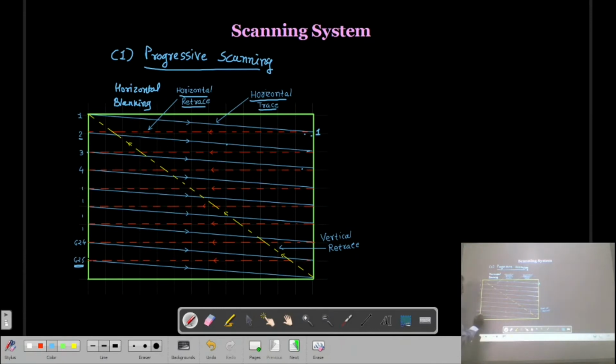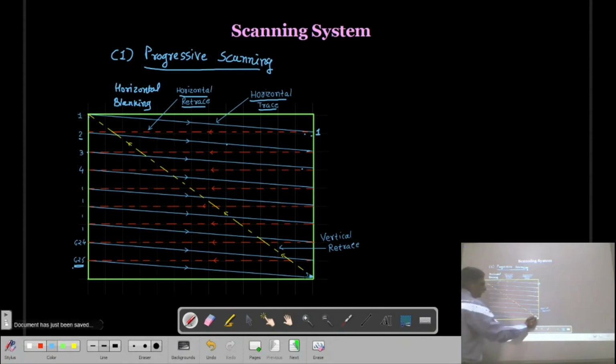In this way, when line number 625 is completed, then the electron gun is coming back for the next frame, that is, the left-hand side of the top corner.